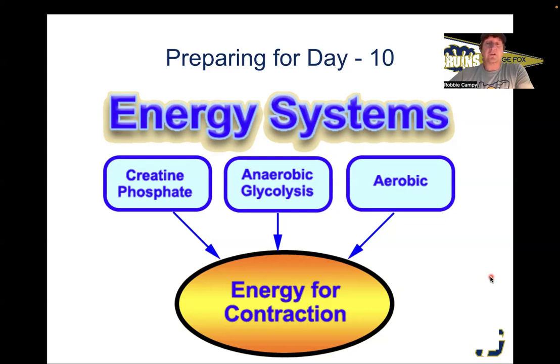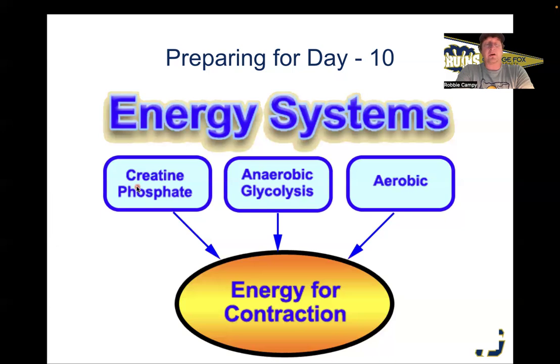When we look at our energy systems, our body uses three primary or three basic energy systems. This particular slide describes the first one as creatine phosphate. That is a component of that first system. I'm going to refer to it more frequently as the immediate energy system, because it acts almost instantaneously.